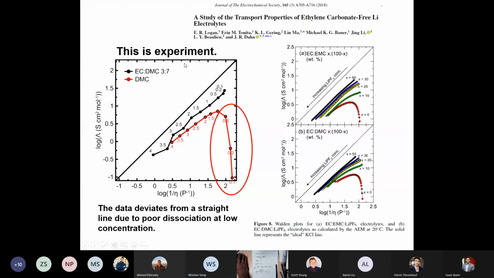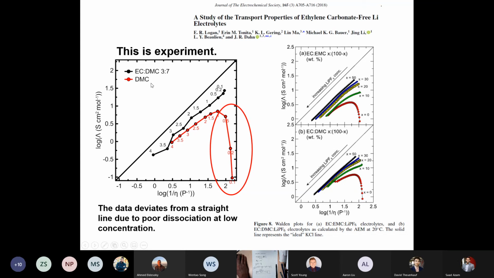And then if you do the Walden analysis on these electrolytes, okay, the black line is showing the Walden analysis for EC-DMC 3 to 7. The little numbers are the molar concentration, or the molal concentration. So you can see for EC-DMC, you get a nice straight line.